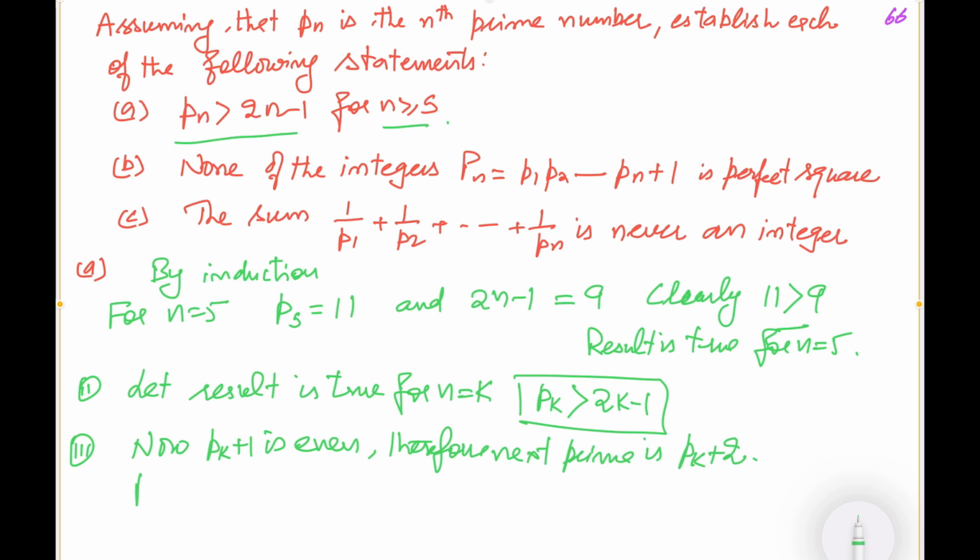So that means p(k+1), that is the k plus 1th prime, has to be greater than or equal to pk plus 2. Now putting the value of the second result, that pk is strictly greater than 2k minus 1, plus 2, which comes out 2k plus 1, which may easily be written as 2 times k plus 1 minus 1.